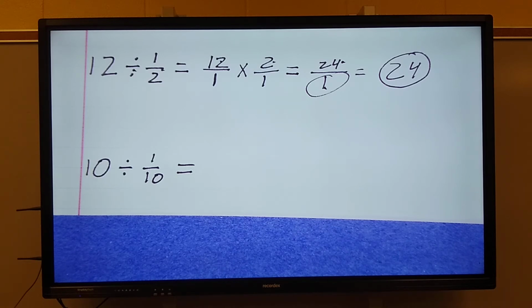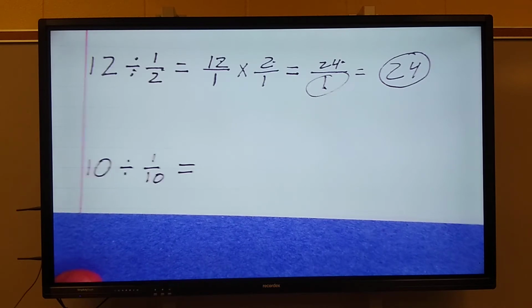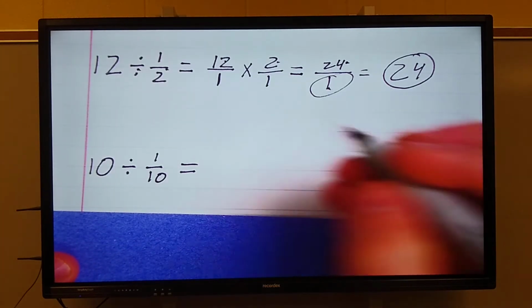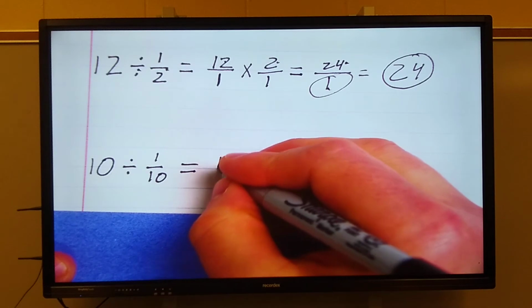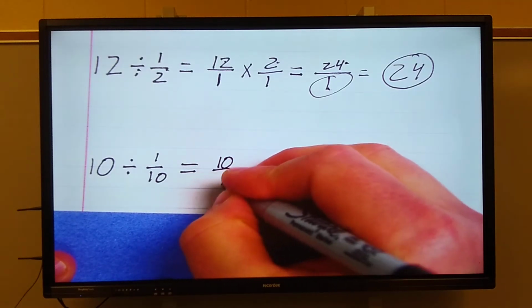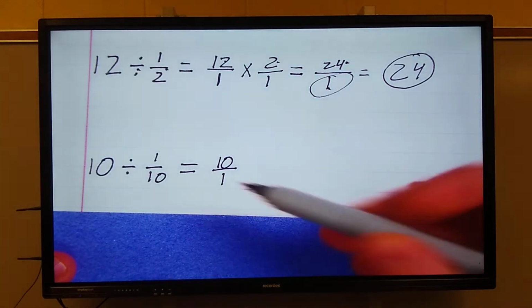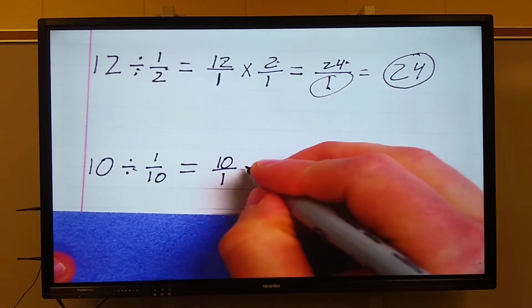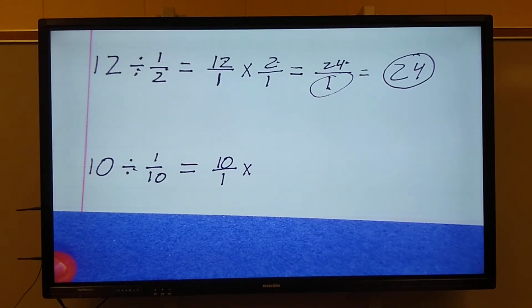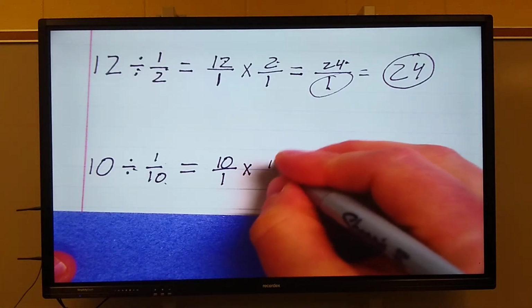All right, let's see how excellent you did. 10 is my dividend, but I must change it into a fraction. Put a 1 under it. The division symbol becomes multiplication. 1/10 becomes a reciprocal, 10 over 1.